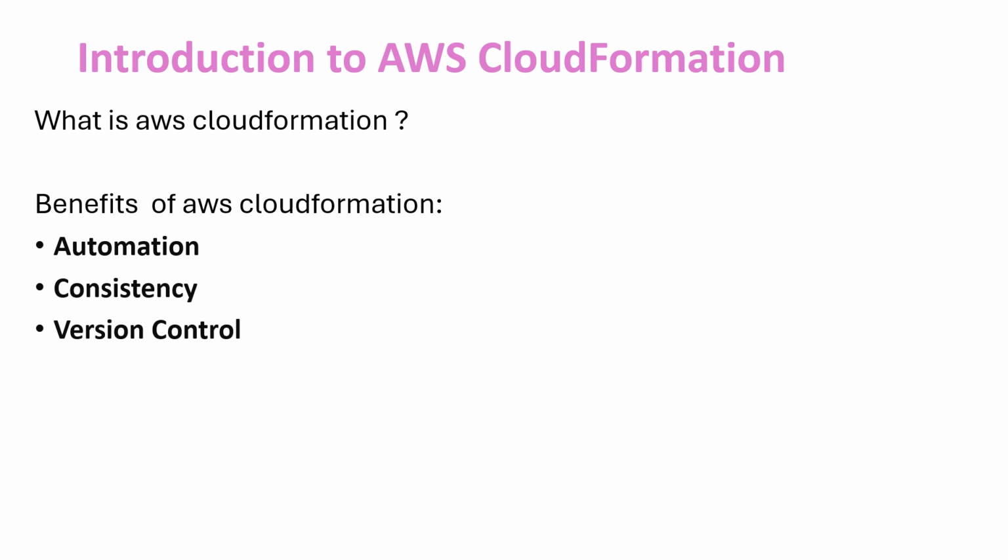The benefits of AWS CloudFormation are as follows: automation, automate the provisioning and updating of your infrastructure; consistency, ensure that resources are consistently configured across environments; version control, use version control to track changes and collaborate on infrastructure definitions. AWS CloudFormation supports defining templates using JSON and YAML formats.